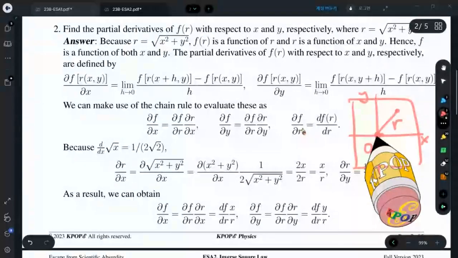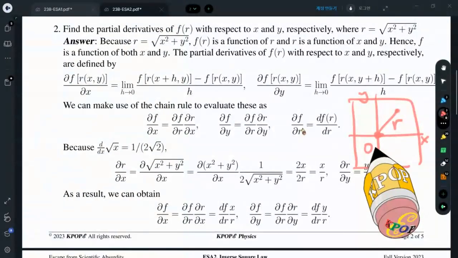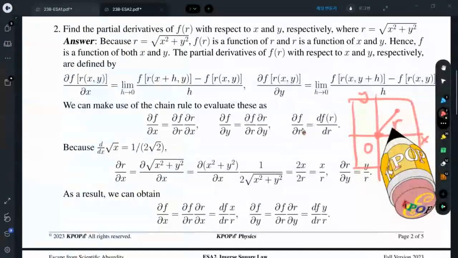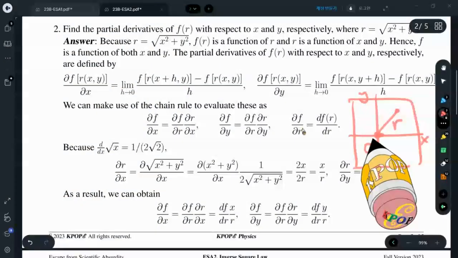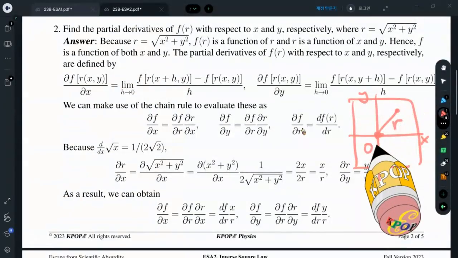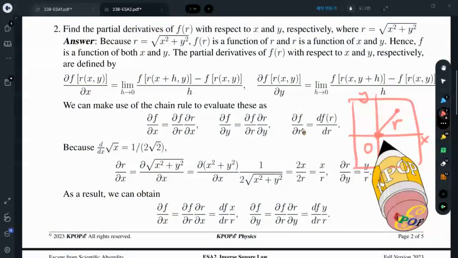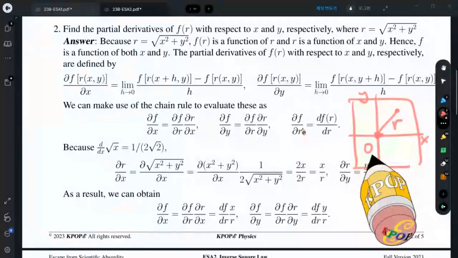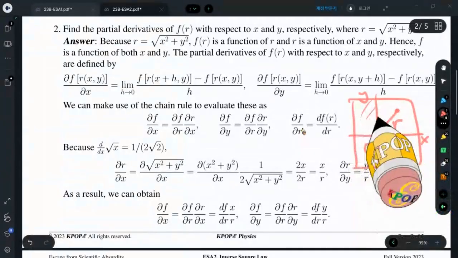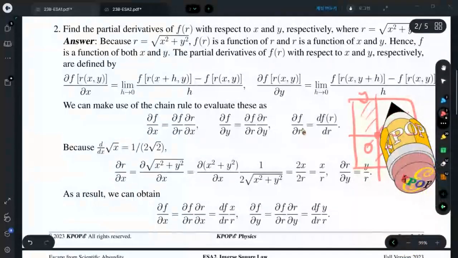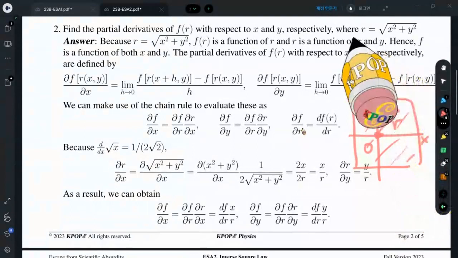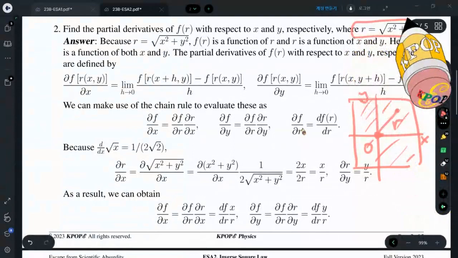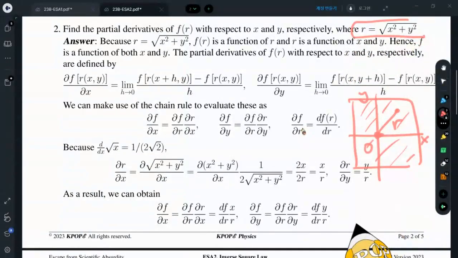Then this force center is always fixed in a simple approximation, and the radius represents the distance between the two particles. They can be massive particles sharing the gravitational force or charged particles. In case this motion appears on the two-dimensional plane, my radius is just the square root of x squared plus y squared.